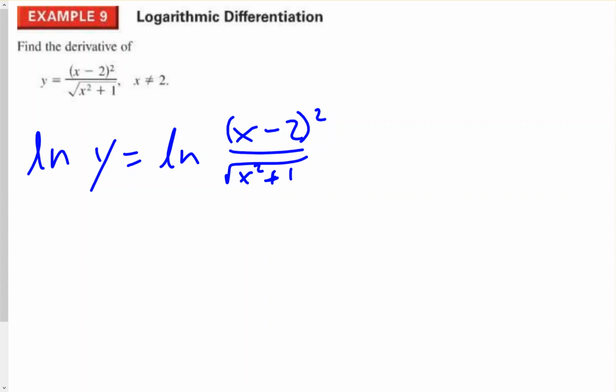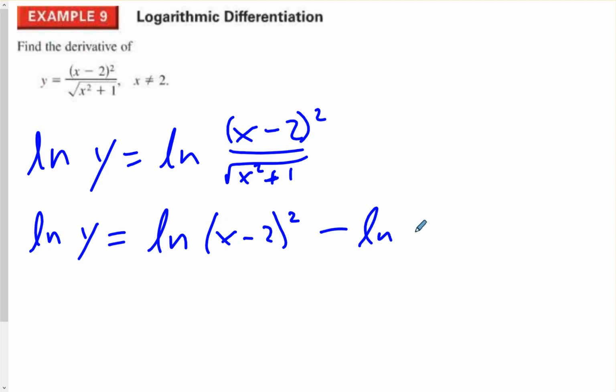The left side would be ln of y. Now we haven't taken the derivative yet, so it's just properties of logs. This is going back to pre-calc. Now for our fraction, this is ln of (x minus 2) squared minus ln of the square root of x squared plus 1. Okay, so that's what it would translate to in the beginning.